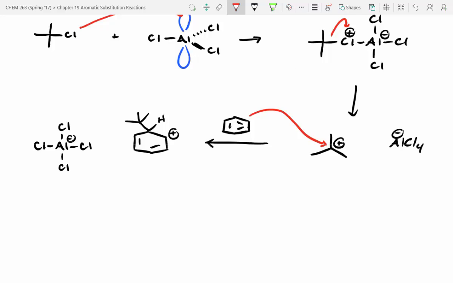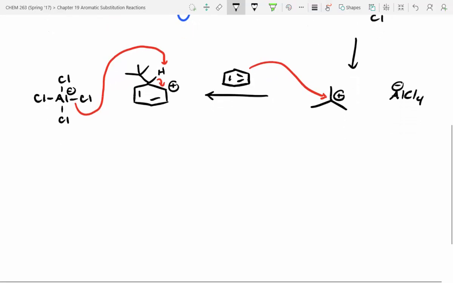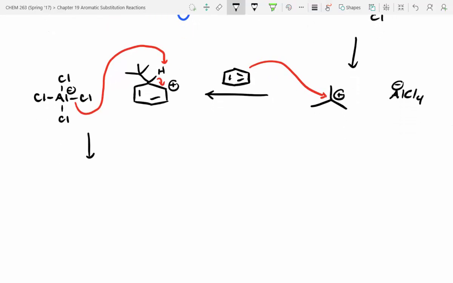So just like before, this chlorine is going to act as a base, grab a proton, clamp down, and give you your alkylated product. And then your other byproduct is HCl here, right?